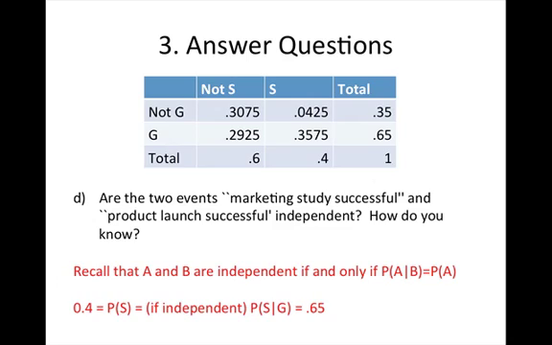The chance of a successful launch is 0.4. Now if they're independent, the chance of a successful launch, given that the marketing study said that we should go for it, would still equal 0.4. But clearly that's not the case, since we're told that that conditional probability is 0.55. Therefore, the events are not independent.